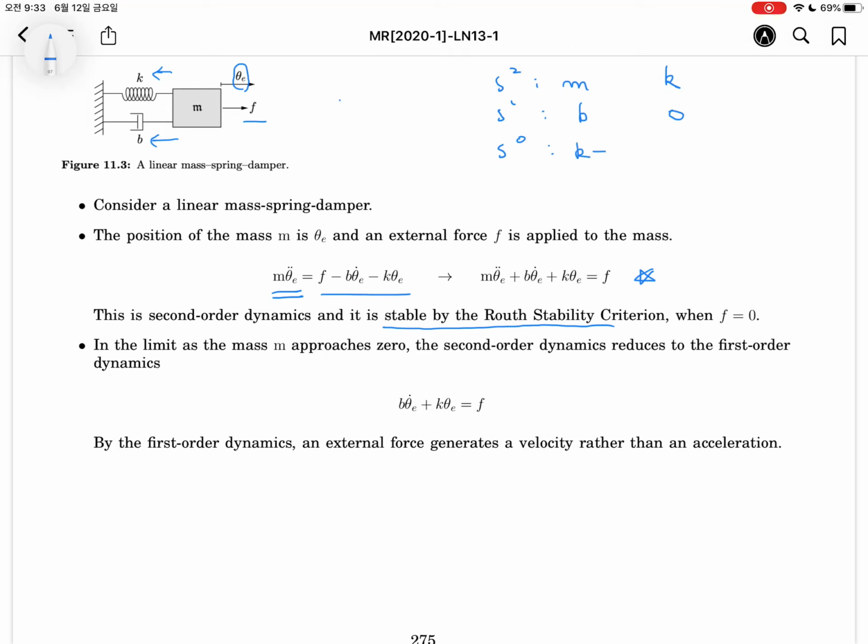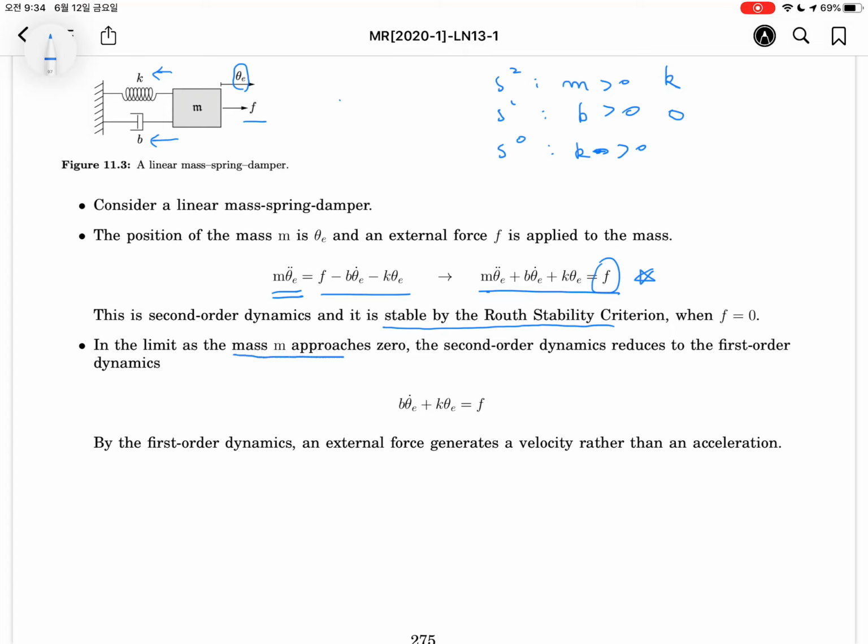S0 will be k minus, actually m times 0, so k, it's okay. The m should be positive, b should be positive, k should be positive. So all the coefficients are positive. The solution, theta e, will converge to zero when the external force does not exist.